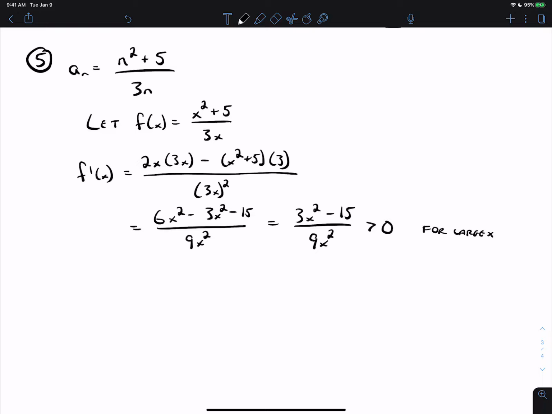Here it would be true when x is larger than the square root of 5. We can quickly solve the top to determine that, but for large x that's true. So this means f prime of x is greater than 0, and then f of x is increasing. Since f of n is equal to a_n, then a_n is increasing for large n.